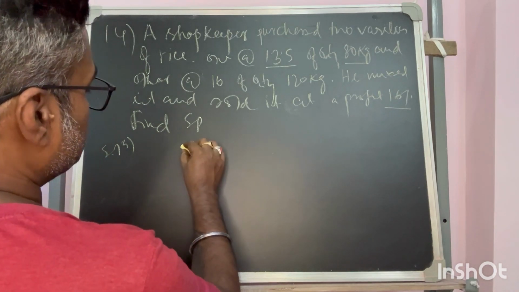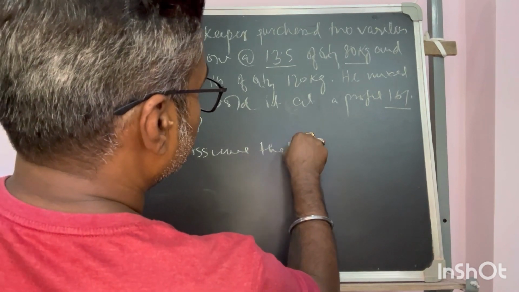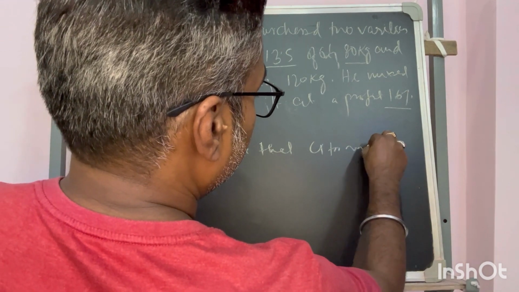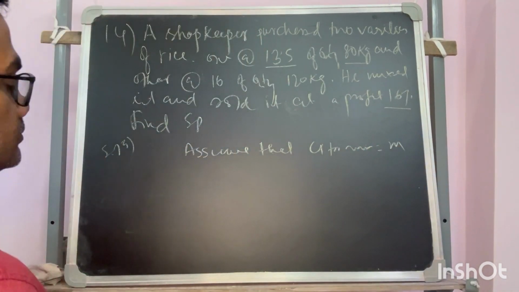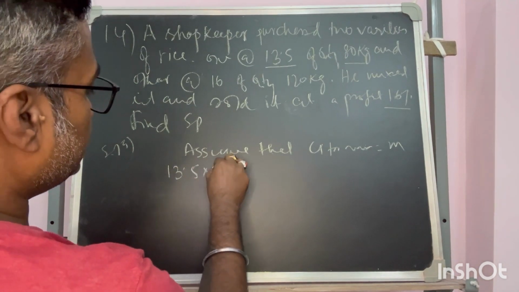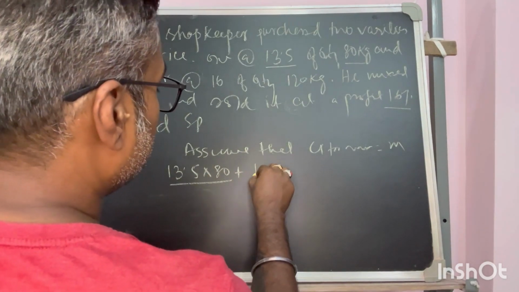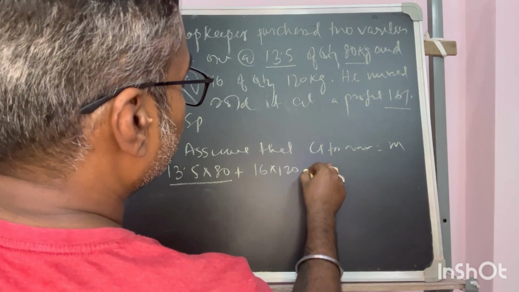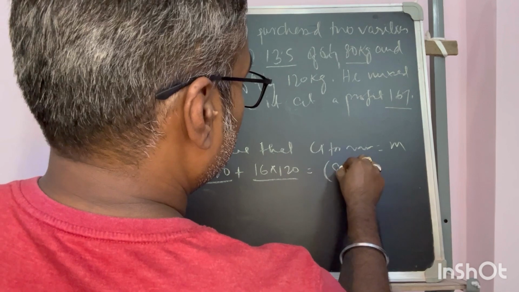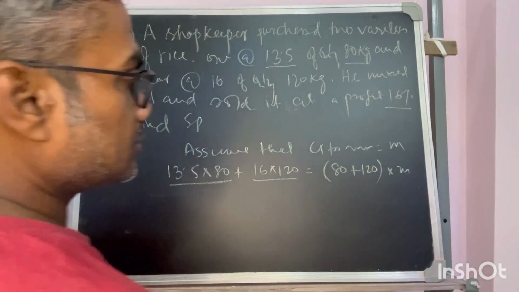Let's assume that the cost price for the mixture is M. So we can write 13.5 into 80 plus 16 into 120, that is the cost for the first kind of rice plus the cost for the second, is equal to the quantity added into the assumed cost price.